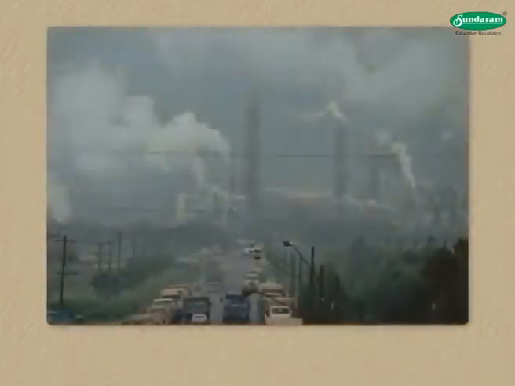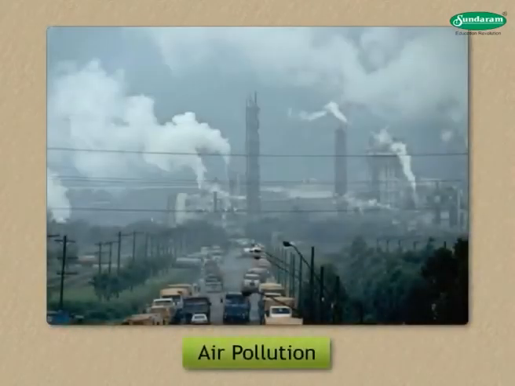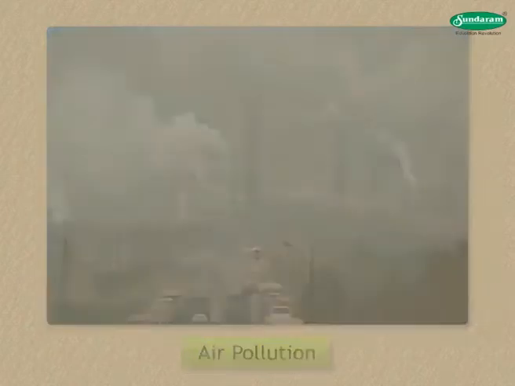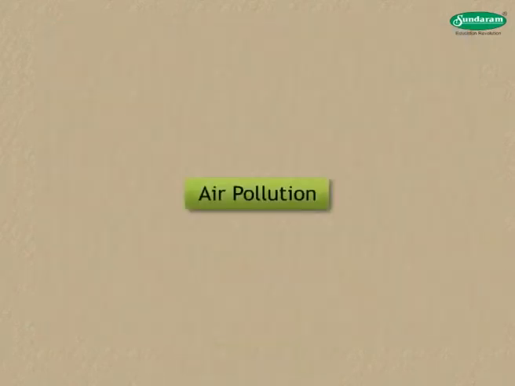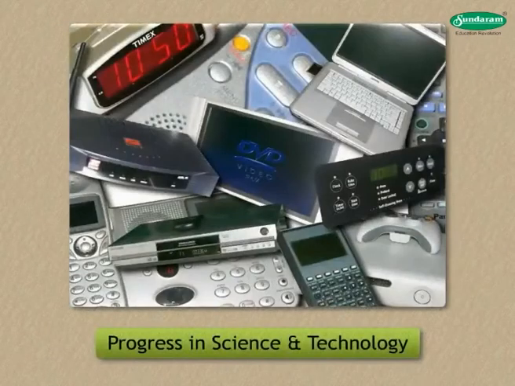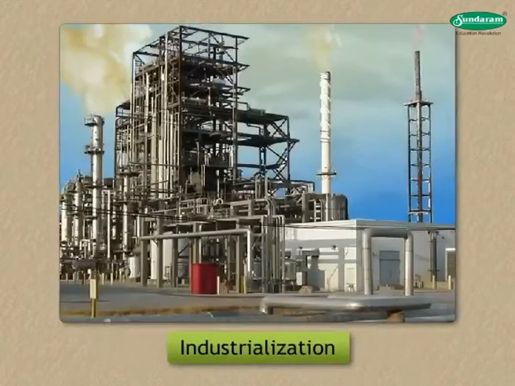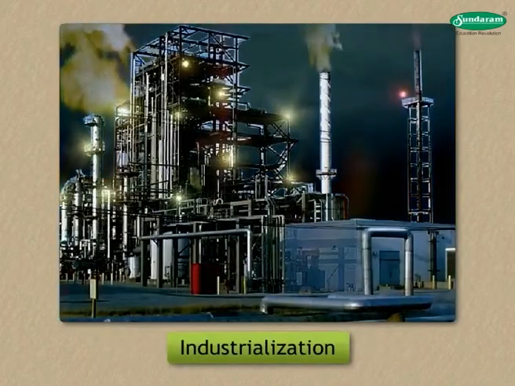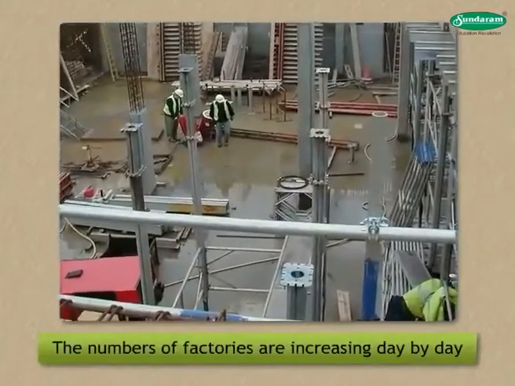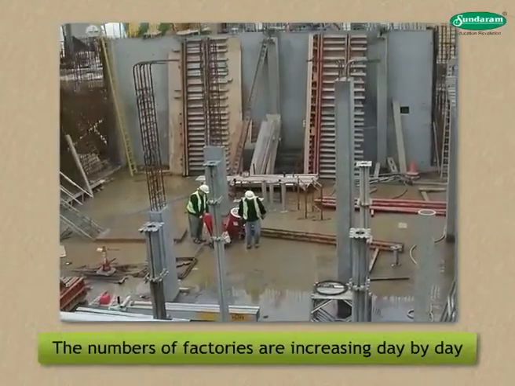Now, let us discuss air pollution, a threat to our life. Air pollution. The progress in science and technology has given rise to industrialization, which is now taking place at a very rapid pace. The numbers of factories are increasing day by day.